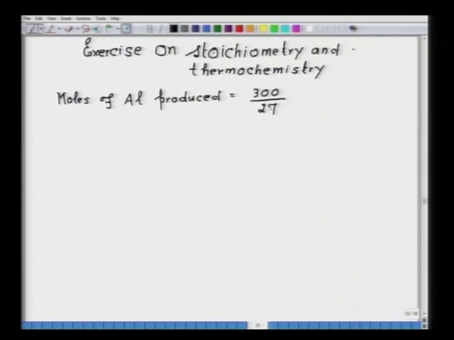I have taken here 27, that is equal to 100 by 9 kg moles, which is also equal to 50 by 9 kg moles of alumina. Because in Al2O3 there are 2 moles of aluminum, that is very simple.